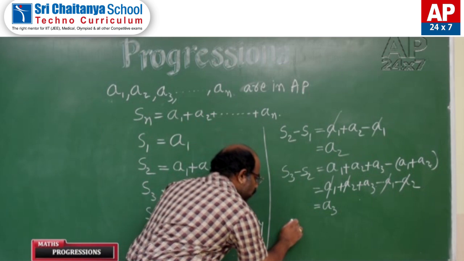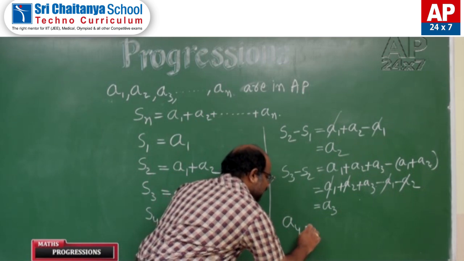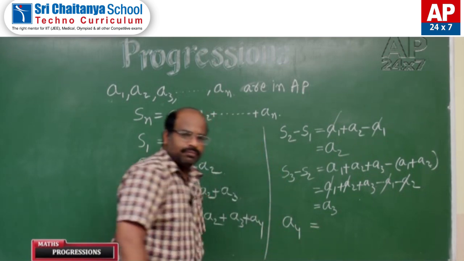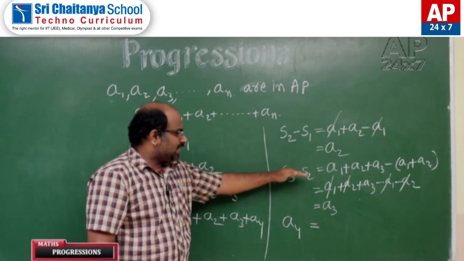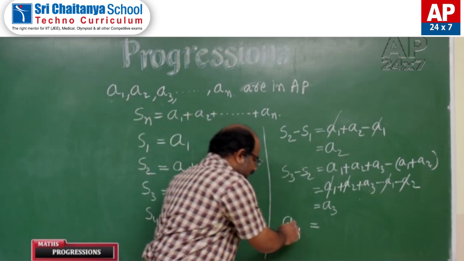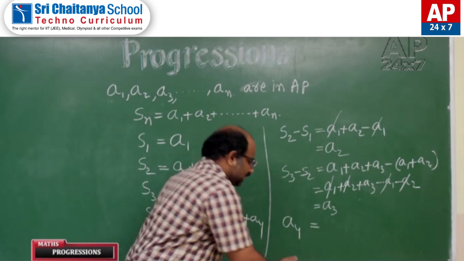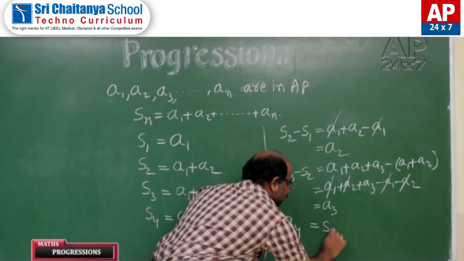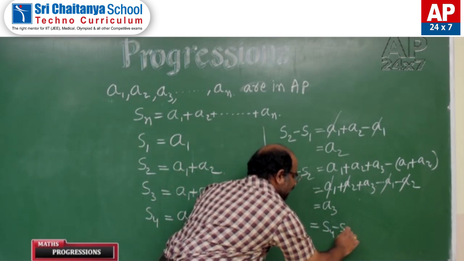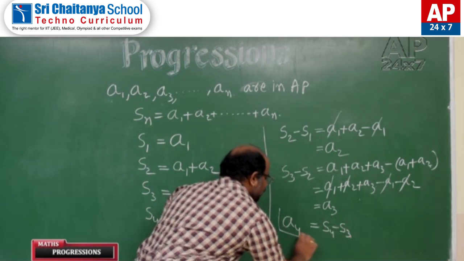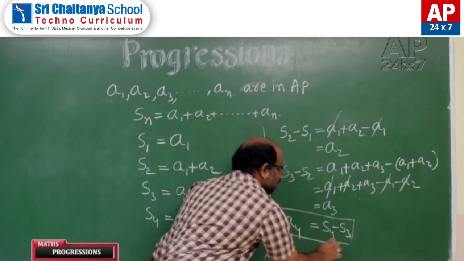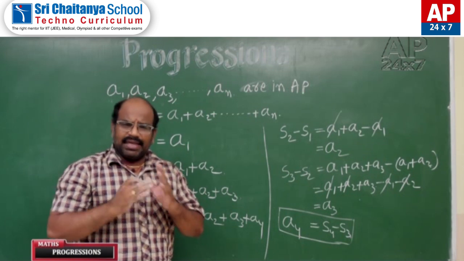Can you guess what is the value of A4? By observing this scenario, we can easily say that A4 is nothing but S4 minus S3. By continuing the pattern, can you say what is An?